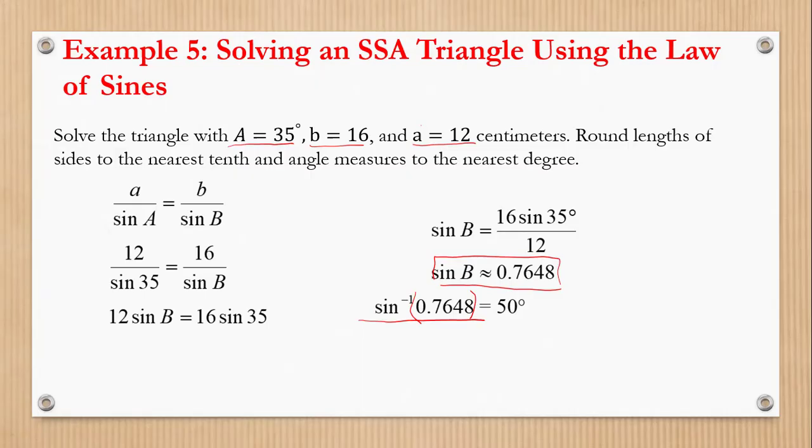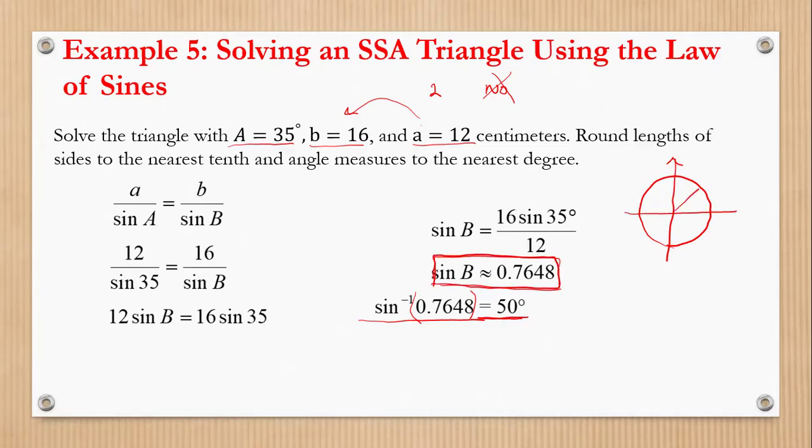But let's look at the unit circle. I know that if A is less than B, I only have two cases: two triangles or no triangle. And when I have 50 degrees here, it means there is a triangle, but it must be for sure two triangles. Why? Because if you look at the unit circle, when you get an angle of 50 degrees, you get a sine that is a positive number.